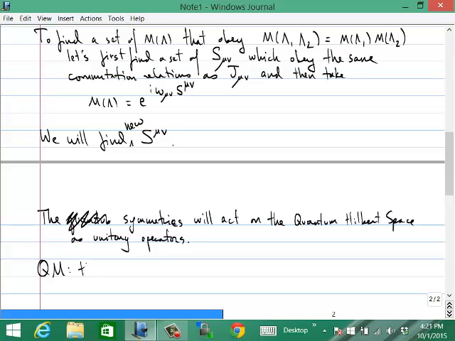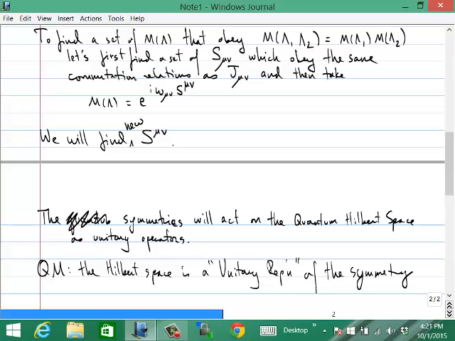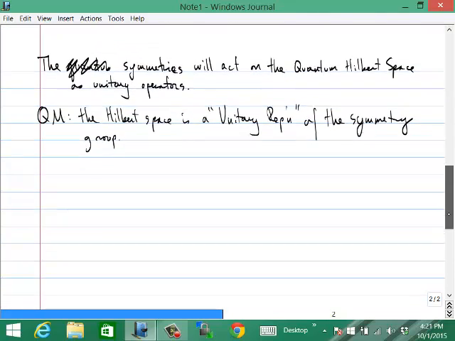We say that the Hilbert space is a so-called unitary representation of the symmetry group. So that's the mathematical language for symmetries in quantum mechanics.